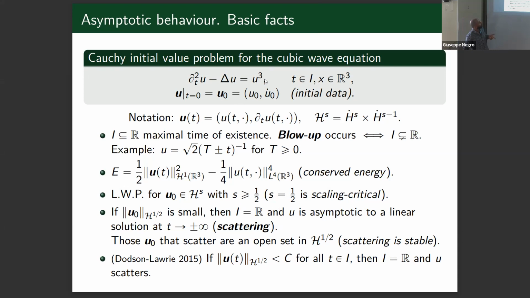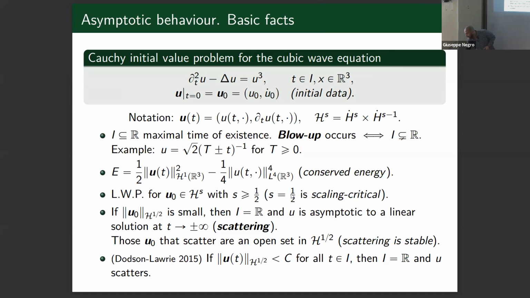So if you have a solution, you rescale it, and you get a new solution. The S equals 1/2 norm, the Sobolev norm of order 1/2, is precisely the one that is invariant under the scaling. And this is the reason why it's important. But the first manifestation of this is that your problem is locally well posed in this space and in higher regularity spaces.